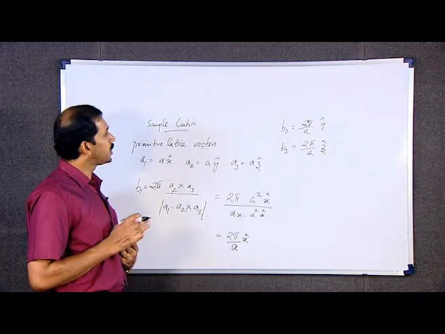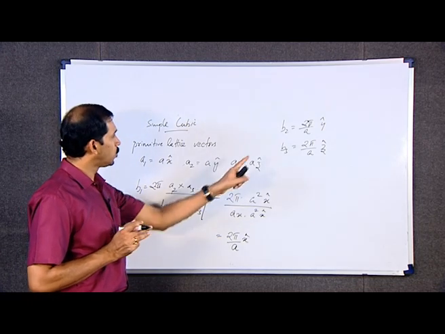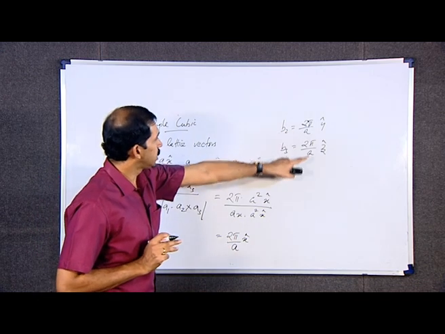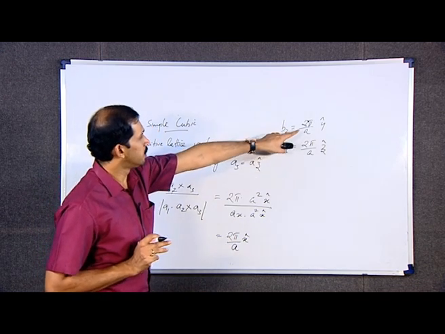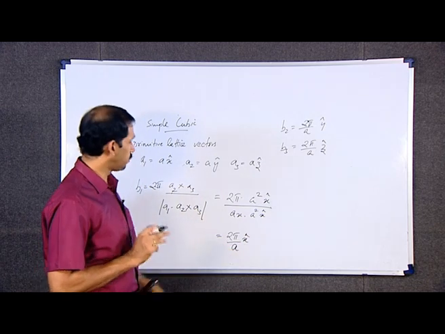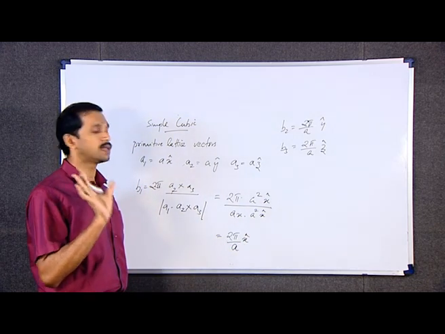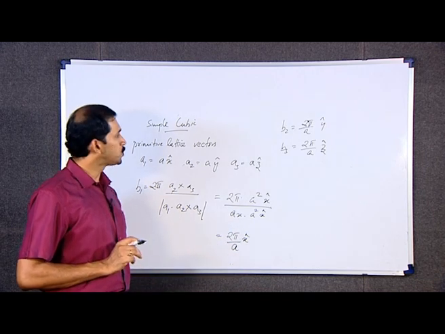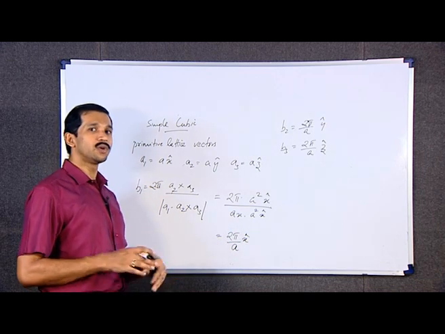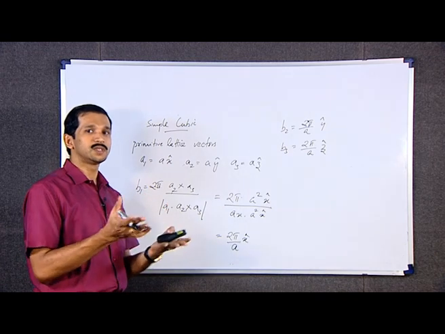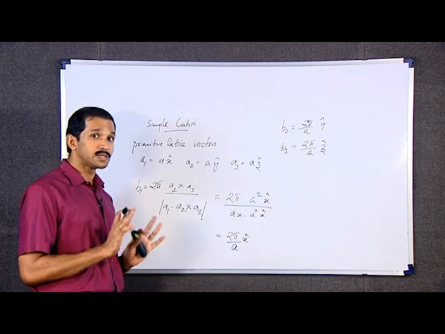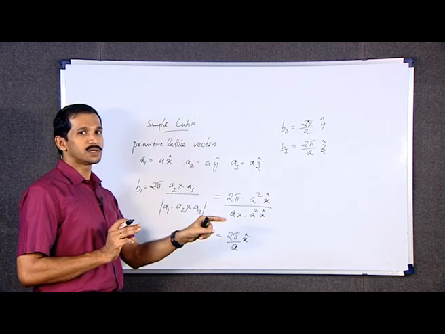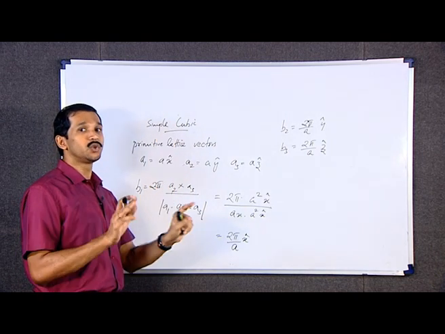It becomes clear if we look at these three vectors closely. The magnitudes of b1, b2 and b3 are exactly the same, 2 pi by a, which means we again have a simple cubic lattice. The only difference is that there the dimension was a, and now in the reciprocal lattice the dimension is 2 pi by a.